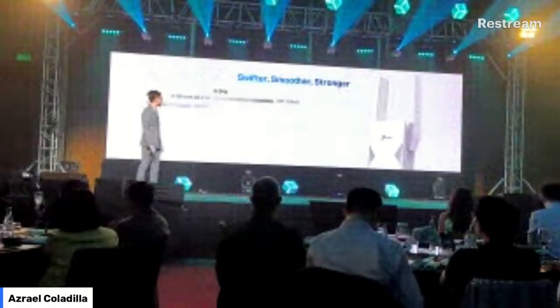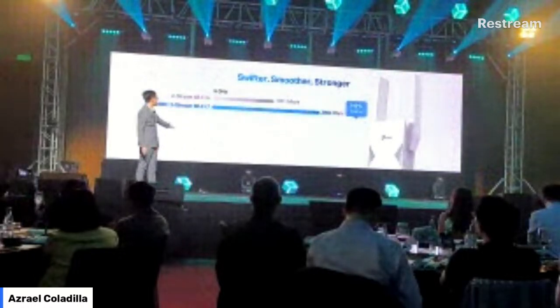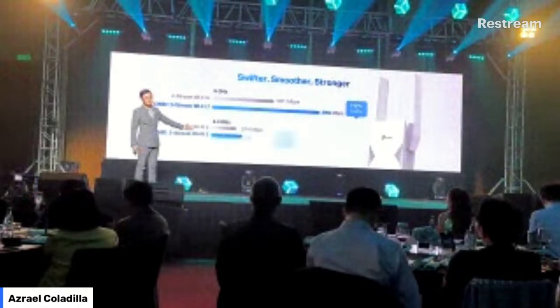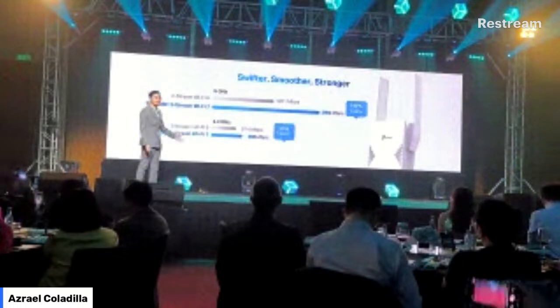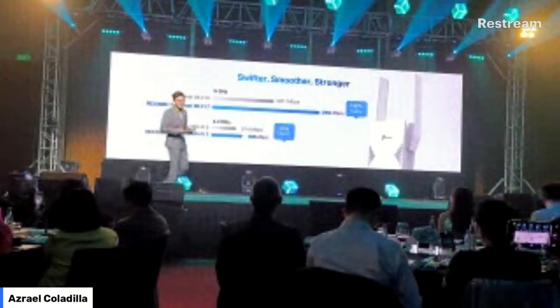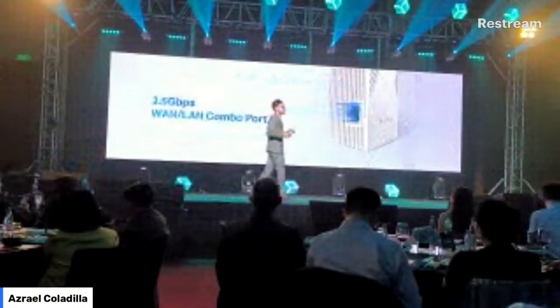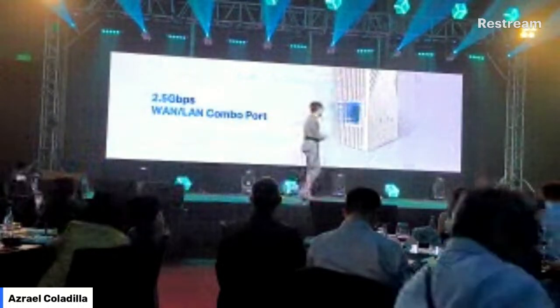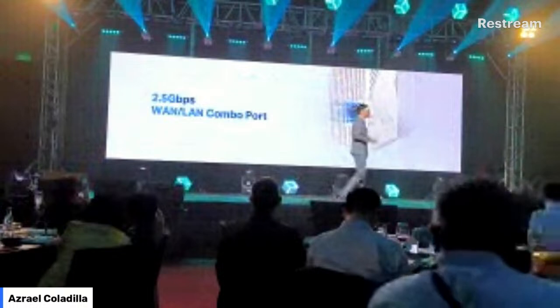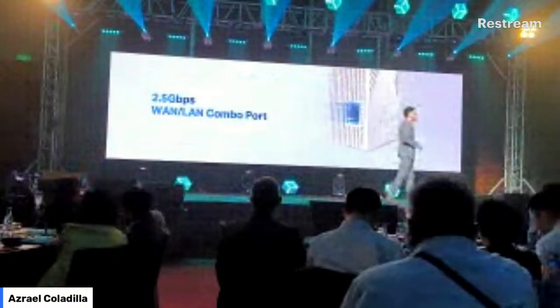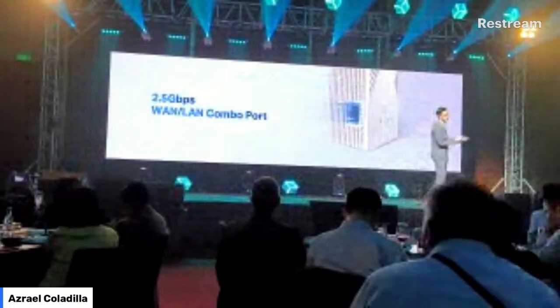So for the range extender part, we can say on the 5 GHz, the speed is 140% faster than the previous Wi-Fi 6 model. And on the 2.4 GHz, it's 20% faster than the previous Wi-Fi 6 model. The speed is very quick, and also on the Ethernet part, we will give this product a 2.5 Gbps Ethernet port to wholly satisfy your requirement.